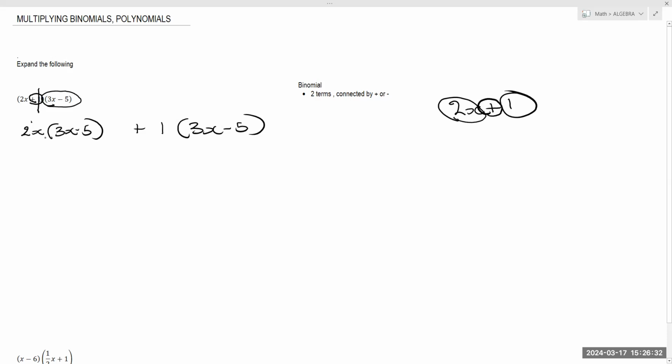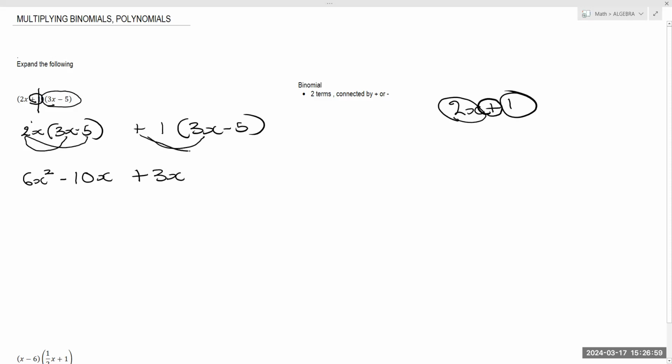Okay, so let's expand. How do we do this? We multiply 2x times 3x, that will give us 6x squared. 2x times -5 will give us negative 10x. Now we have plus 1 times 3x, that will be plus 3x.